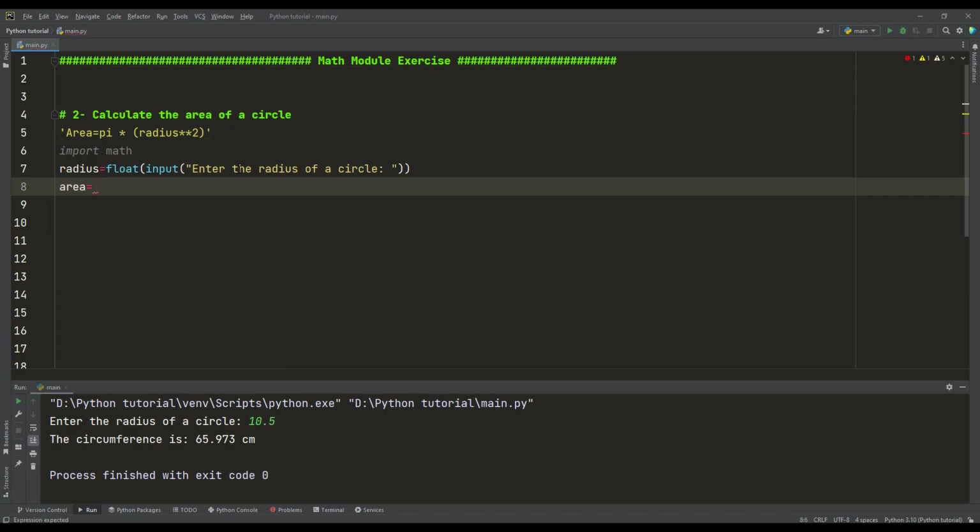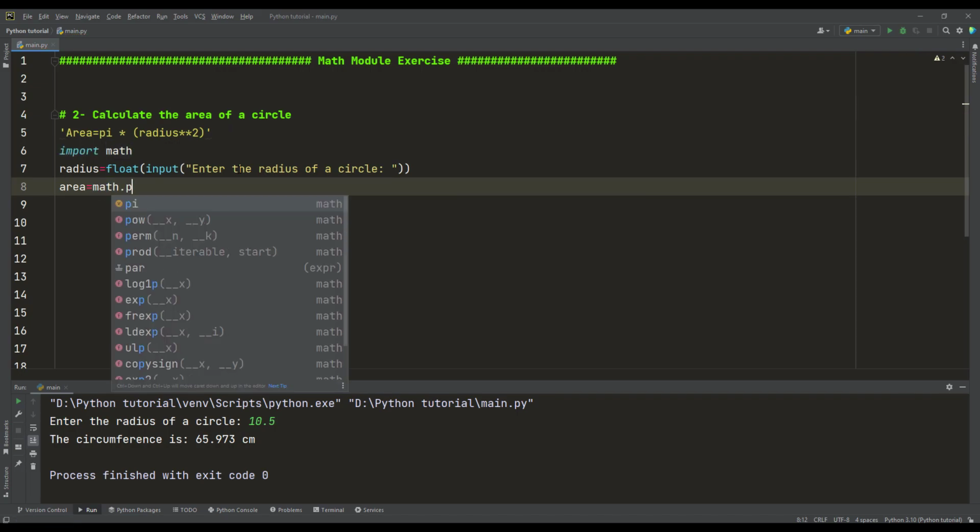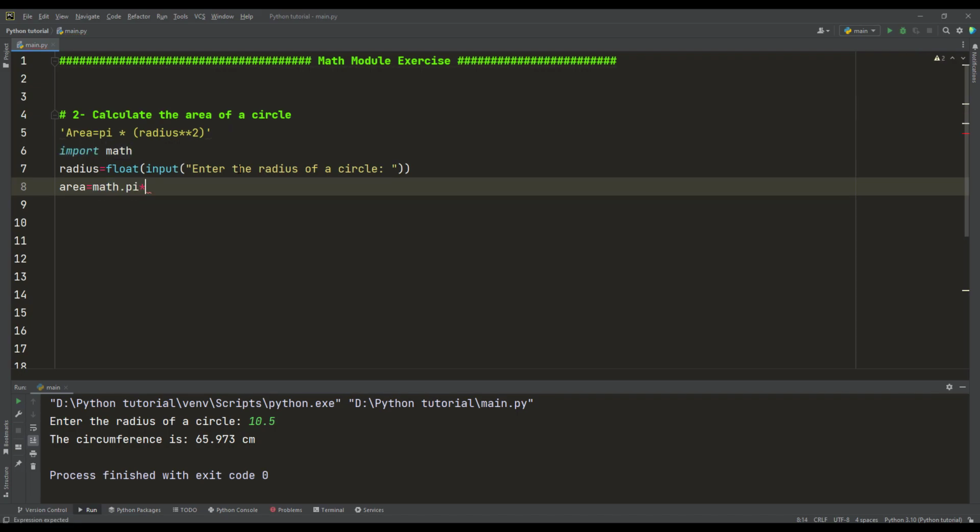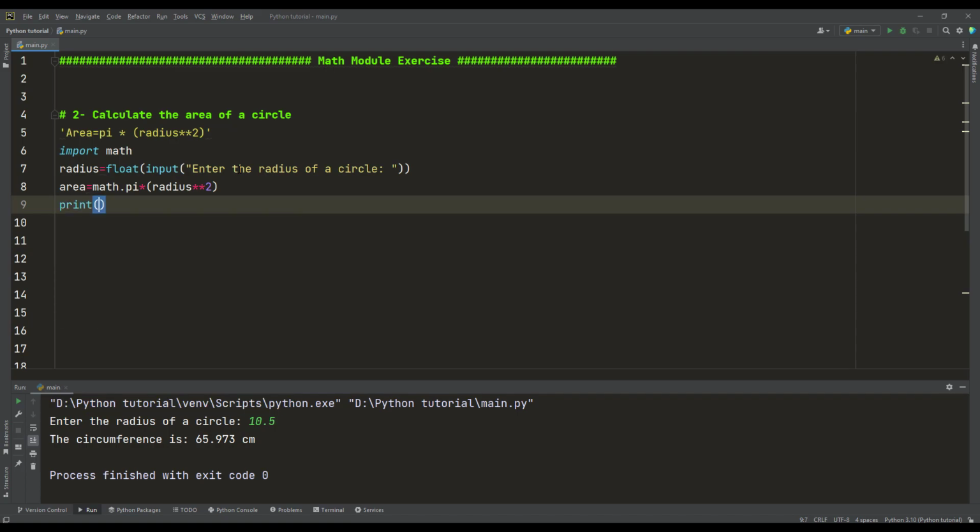Okay, and here we will wait for the user to submit the radius, and the area is very simple: math.pi multiplied by the radius, but for the radius I use a double star to square it. Then I visualize the result using the f-string, and I can write the area of the circle is, and I will open here a placeholder to hold this area.